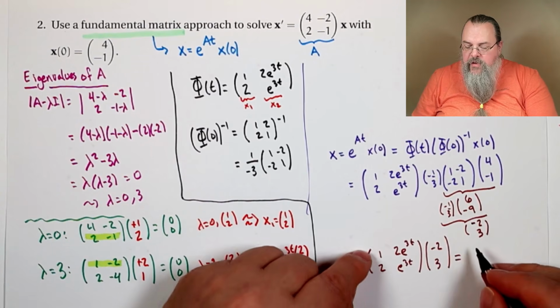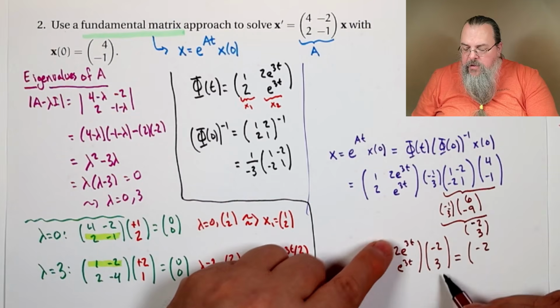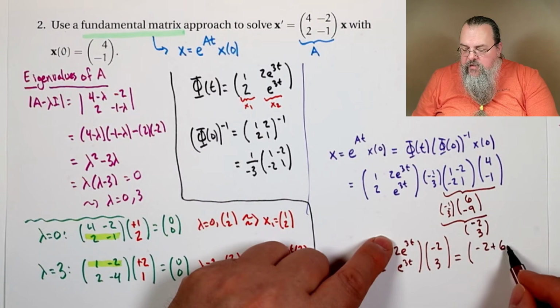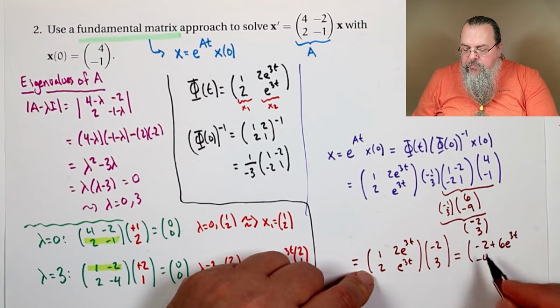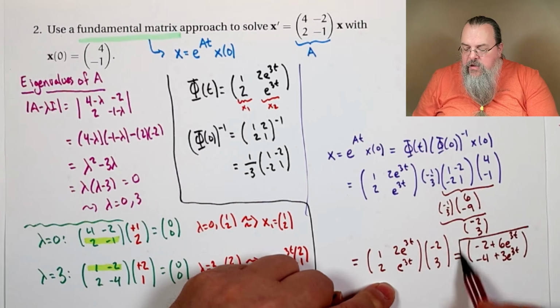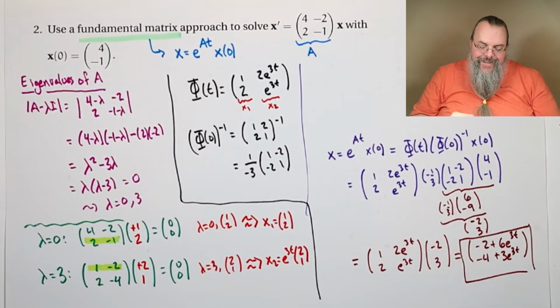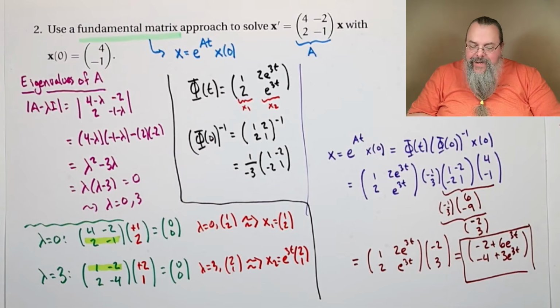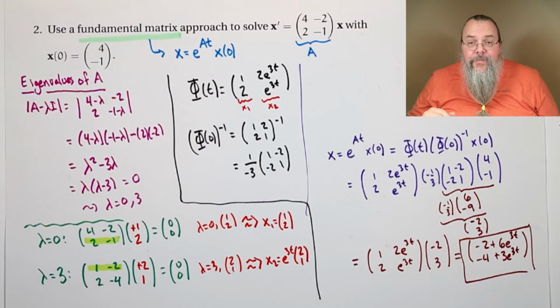Which gives us minus 2 plus 6 e to the 3t, minus 4 plus 3 e to the 3t. And we're done. That's it. That gives us our solution. And it does everything that we need it to do.